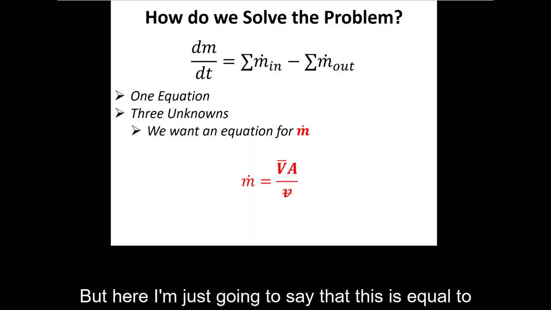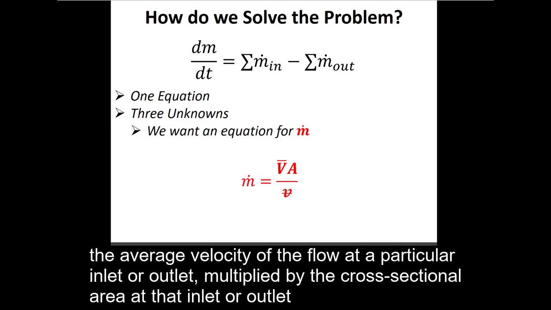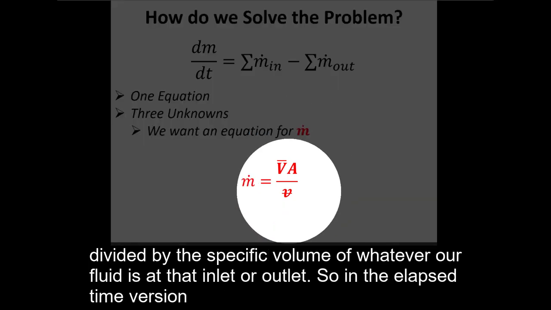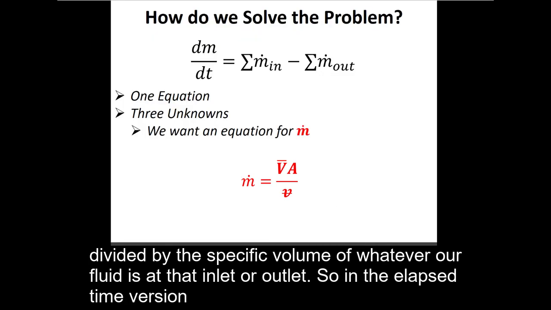But here, I'm just going to say that this is equal to the average velocity of the flow at a particular inlet or outlet, multiplied by the cross-sectional area at that inlet or outlet, divided by the specific volume of whatever our fluid is at that inlet or outlet.